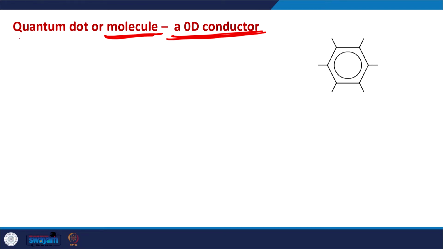A quantum dot or a 0D material is a very general term, and as all of us know, one of the most interesting features of the modern semiconductor industry has been scaling. Scaling means making smaller and smaller devices with better and better performance.